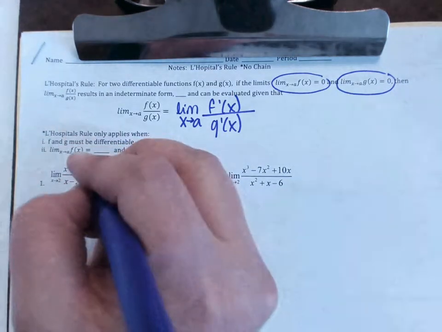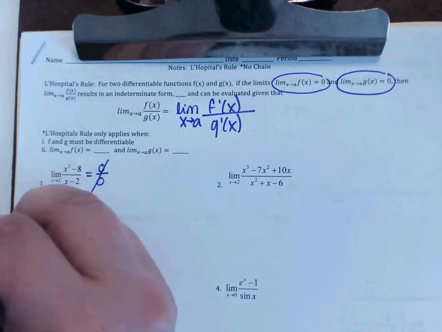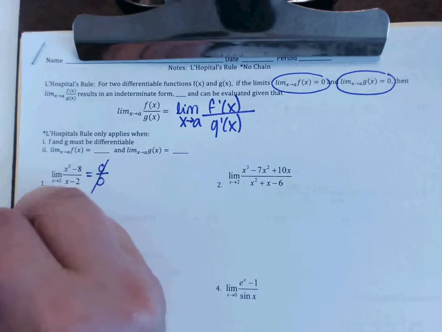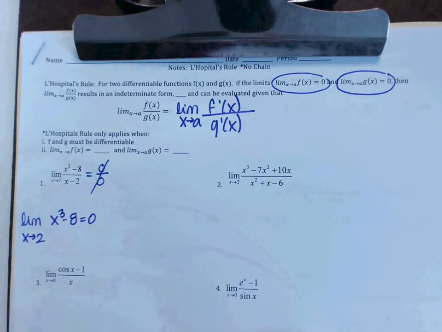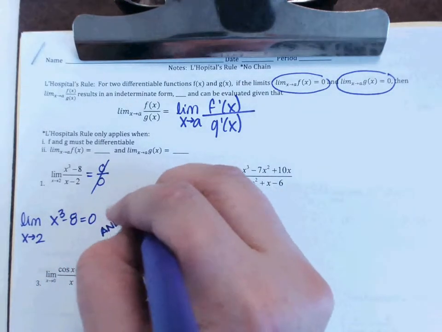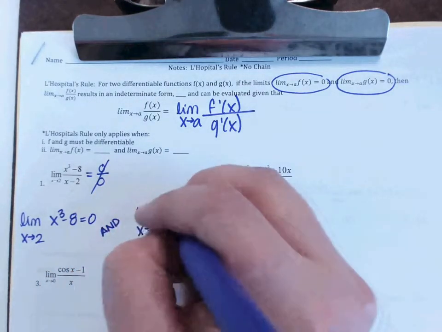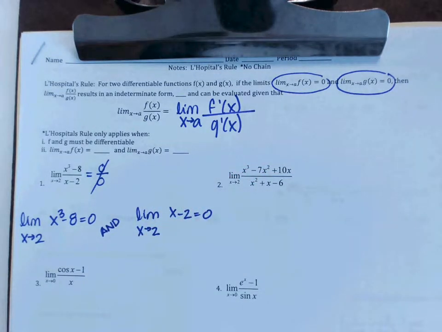So instead of writing it like that, cross it out. You're going to put that the limit as x approaches 2 of just the top came out to 0, and the limit as x approaches 2 of the bottom came out to 0. The reason why is you're never allowed to divide by 0. So if you put that something equals 0 over 0, technically that's wrong.